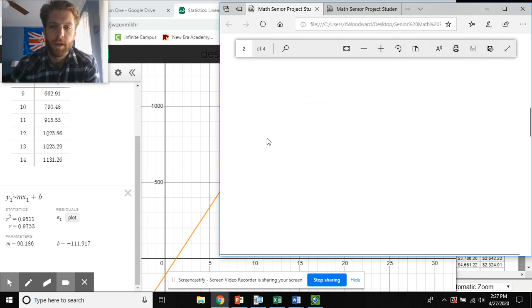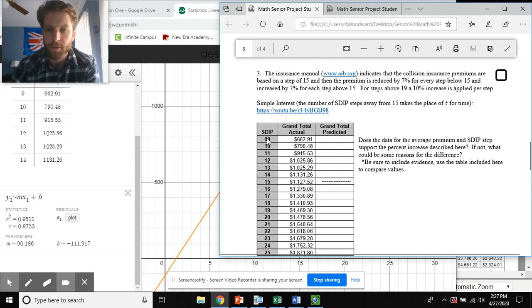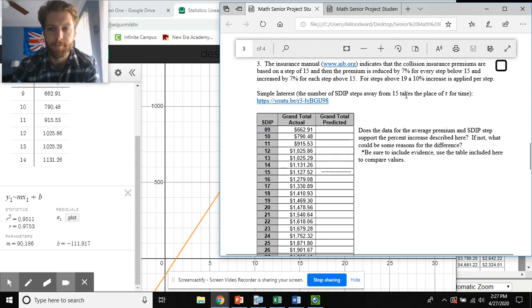Okay. Moving quickly along here, I want to get to exercise 3, so you know what to do for that. It reads, the insurance manual indicates that the collision insurance premiums are based on a step of 15, and then the premium is reduced by 7% for every step below 15 and increased by 7% for each step above 15.